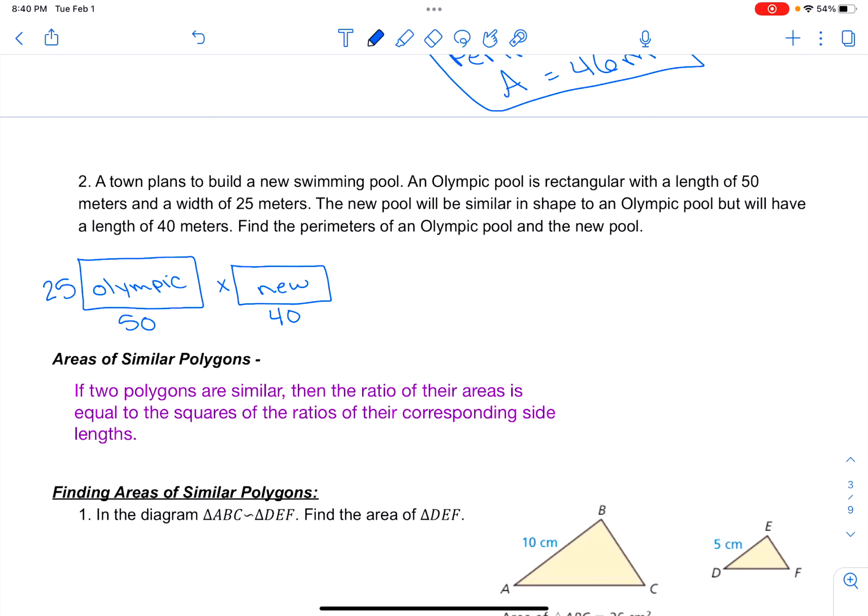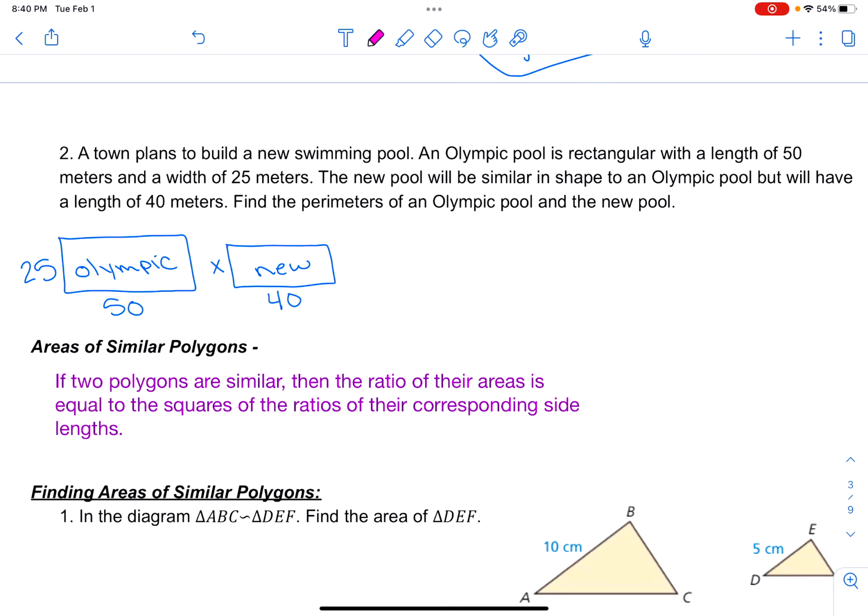So with this being a rectangle, we know that opposite sides have to be the same length. So in an Olympic pool, this side has to be 50 and this side has to be 25. So the perimeter of the Olympic pool is going to be 150 meters, right?